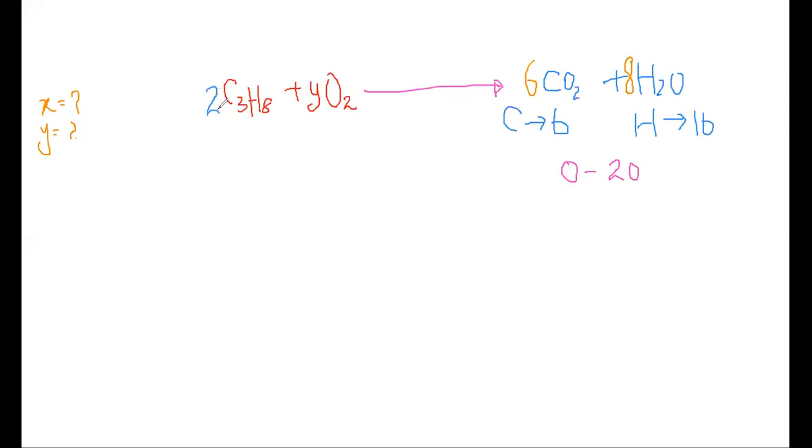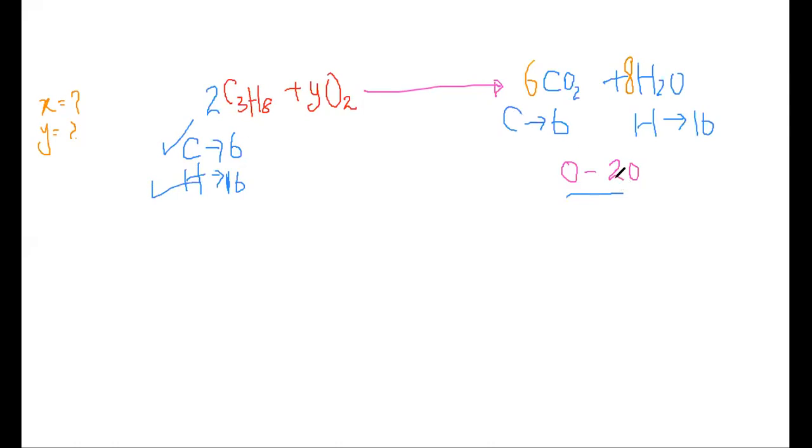Then look at this one now. If it's 2, then 8 into 2, carbon now is 16. So it's correct. Carbon is balanced. And see the hydrogen, 8 into 2, 16, so it is also balanced. Here oxygen is how much? 20.